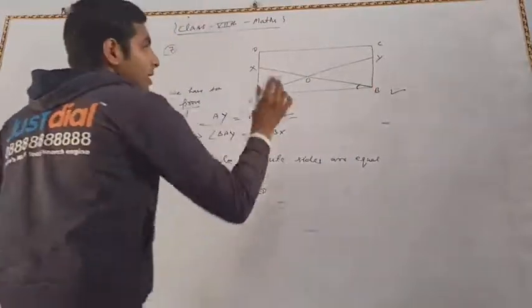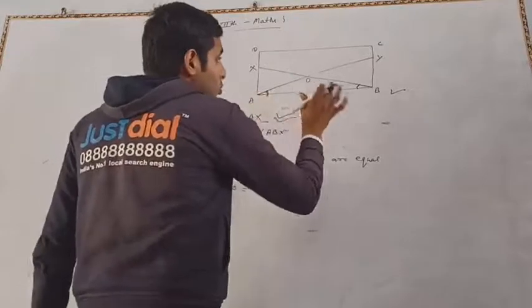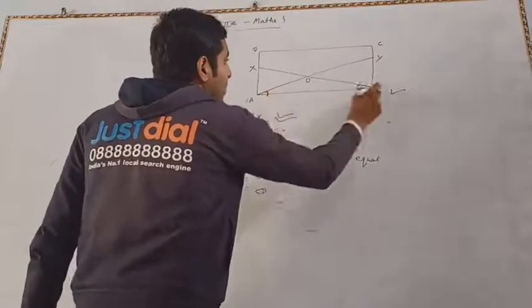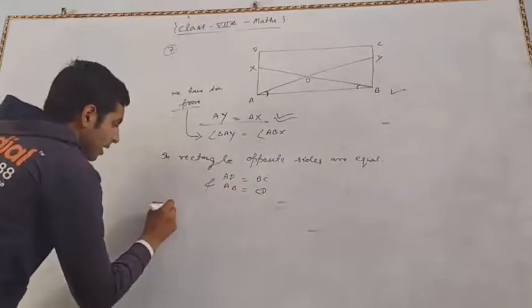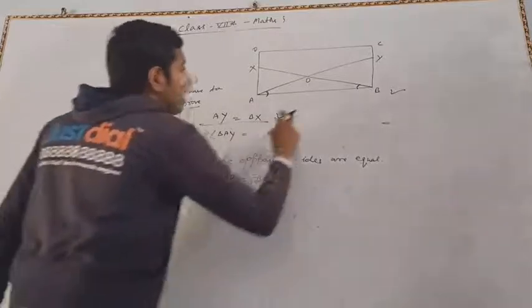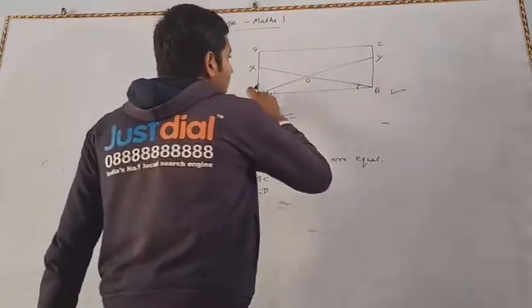Here you can see two triangles, triangle ABY and triangle ABX.